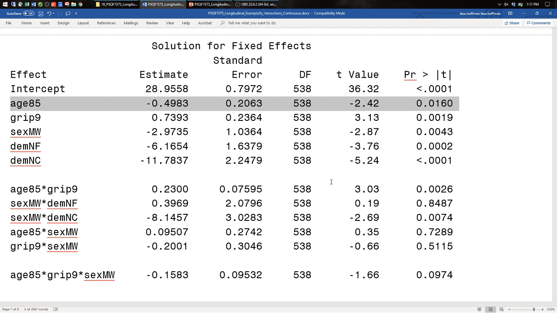And you want to say holding constant everything else in the model, right? Holding constant dementia group and gender and grip, but it's holding constant dementia group because age doesn't interact with dementia group, but it's not just holding constant for grip and gender because it interacts. So it's holding constant grip at 9 and holding constant gender at males.